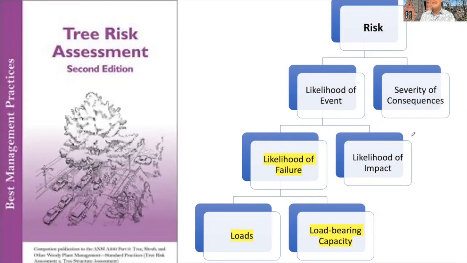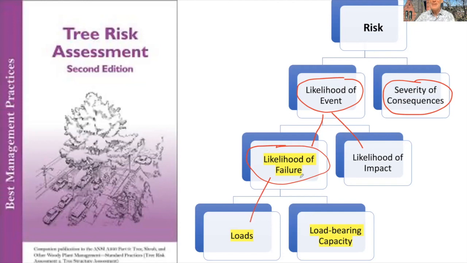Risk is the combination of two things: the likelihood of an event happening, and if that event happens, what is the severity of the consequences of that event? The likelihood of event is also made up of two things: the likelihood of failure, which we're going to talk about today, as well as the likelihood of impact.